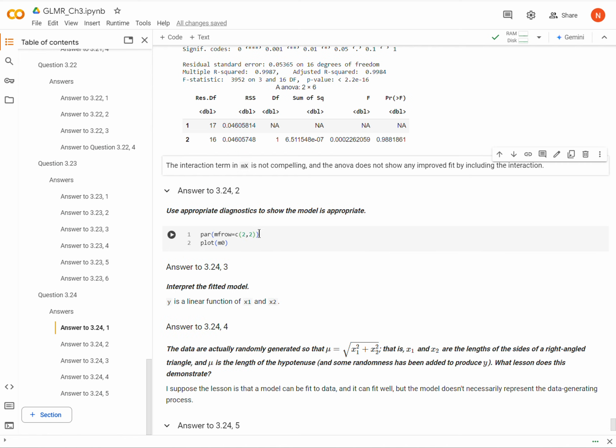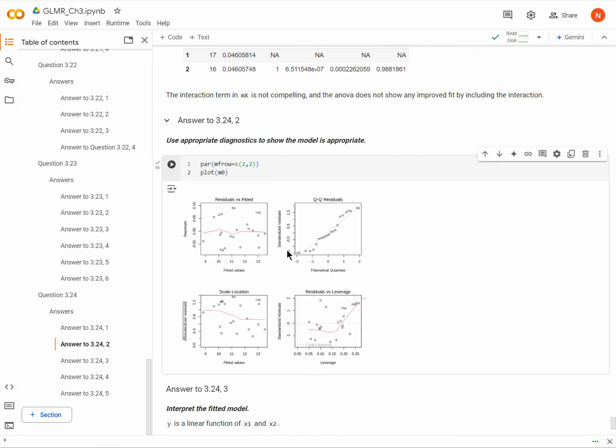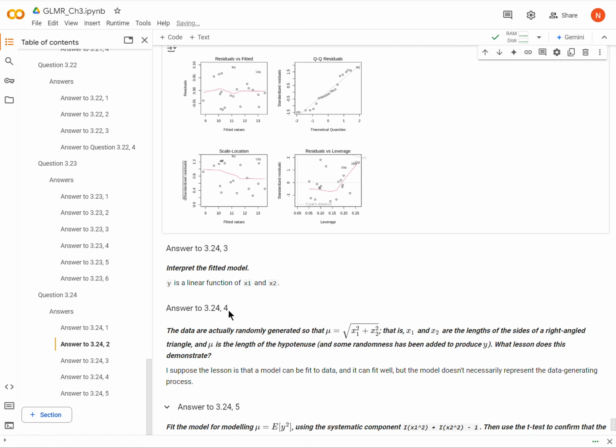Okay. So now we're supposed to use some diagnostics for the model. So again, I'm just using the plot function, but you could get into as much depth as you wanted here. But what we will basically see is that the model does okay. It's not terrible. Okay, so good enough. All right. And so now we need to interpret the fitted model.